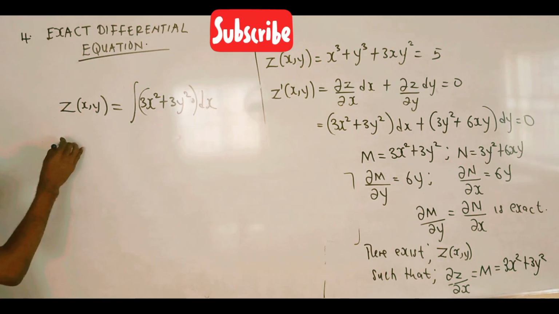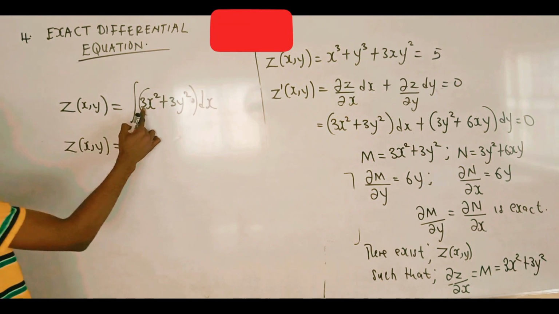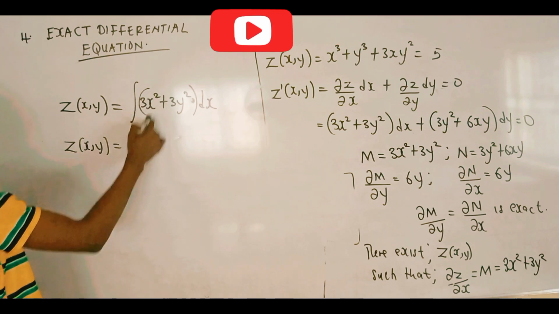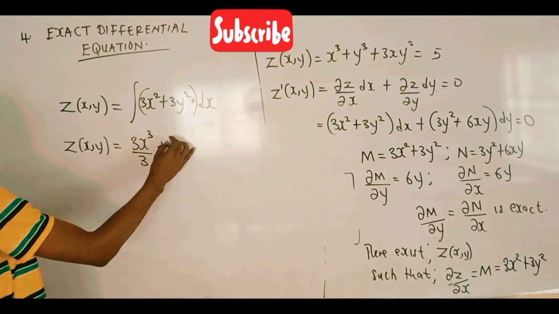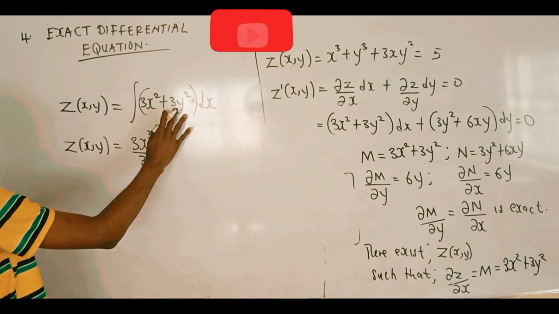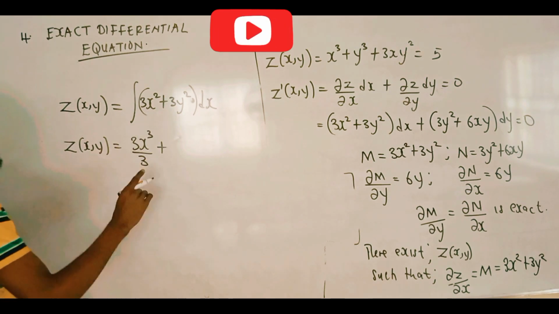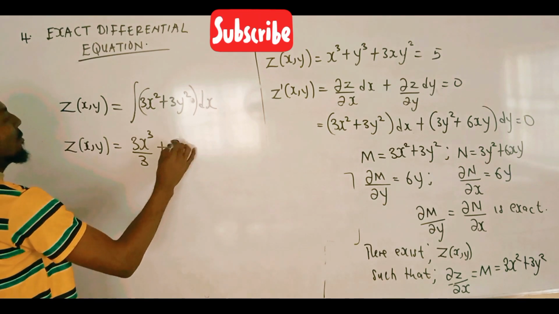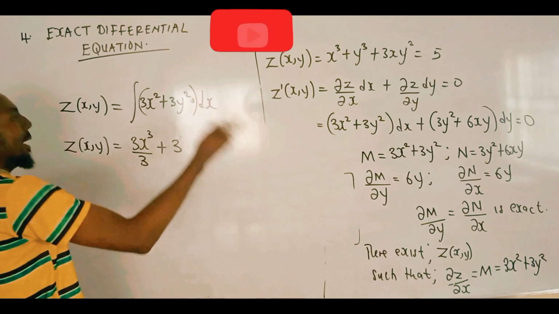So we have z of x comma y equal to, integrating this side, increasing the power to 3 and bringing the 3 down to give us 3x cubed over 3, plus integrating the second term with respect to x. We're keeping y constant while integrating with respect to x. Since 3y squared is constant, integrating it, x will come in.